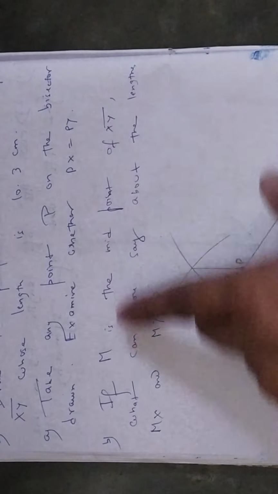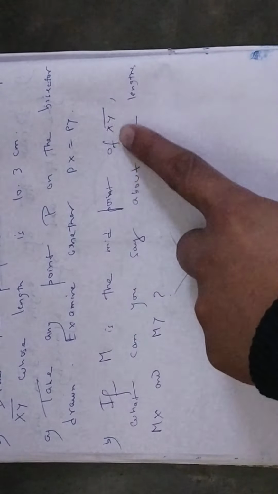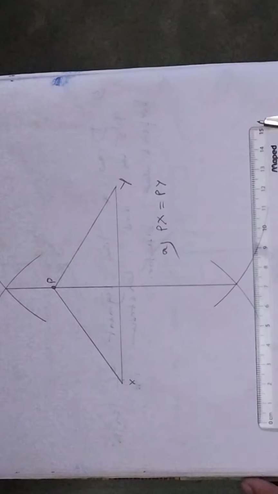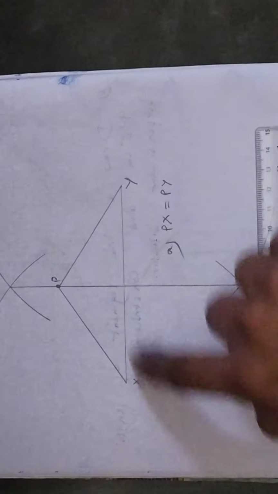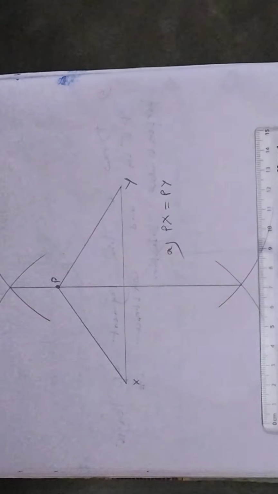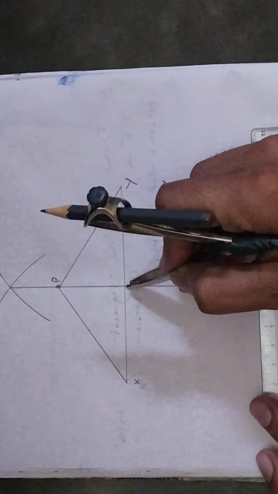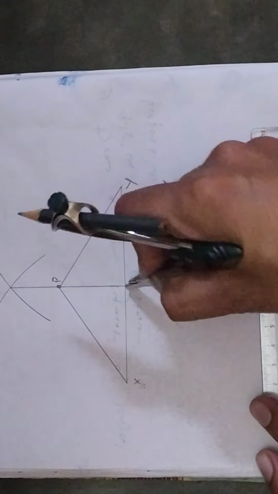Now what is the second part? If M is the midpoint of xy, what can you say about the lengths mx and my? As you can see, xy is the length. Now which is the midpoint? This is the midpoint, the perpendicular bisector.